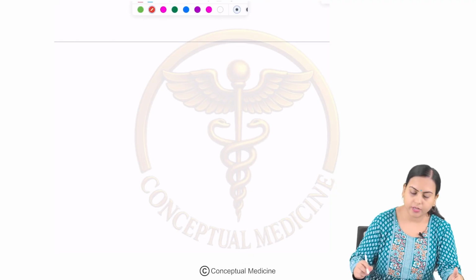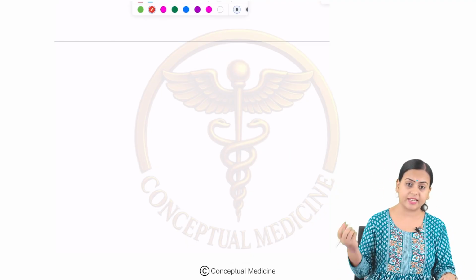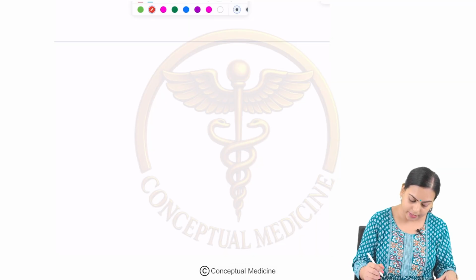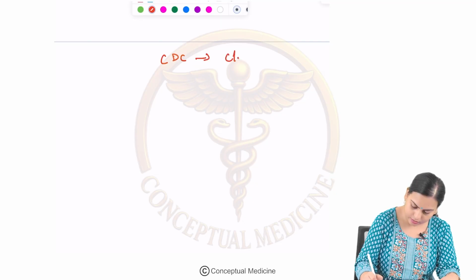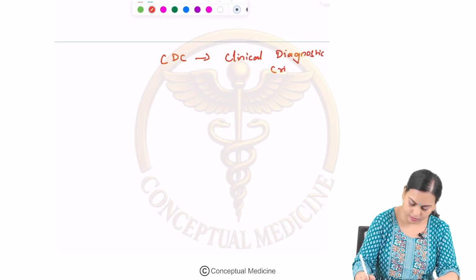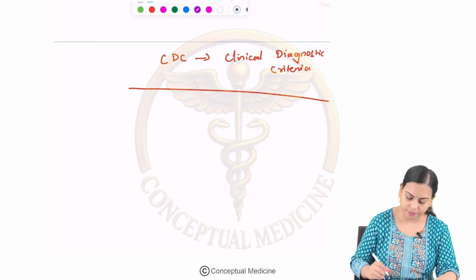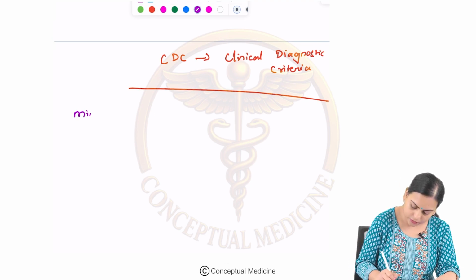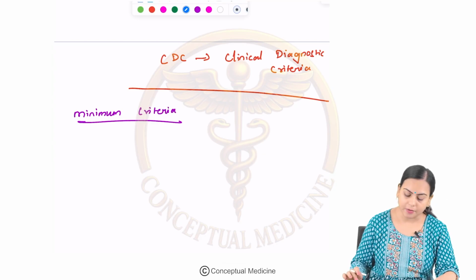Okay. So, what are the criteria to define pelvic inflammatory disease? There are criteria given by the CDC, the Clinical Diagnostic Criteria. Clear? In that we have minimum criteria and maximum criteria.